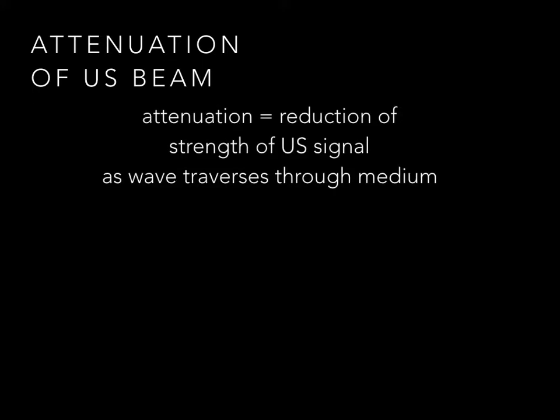Attenuation refers to the reduction in strength in ultrasound signals as the wave travels through a medium. Unit for attenuation is decibel. Decibel is used as a standard description of loudness of sound.